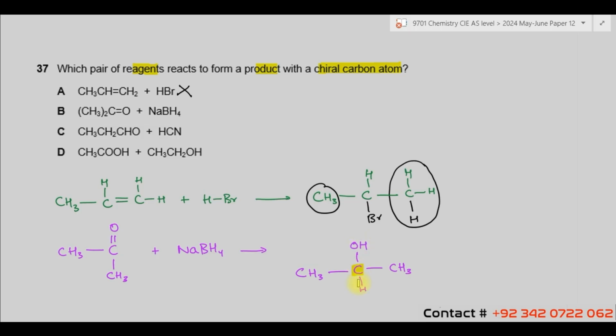This carbon is attached to OH and hydrogen. CH3 is similar to CH3, so no chiral carbon is present. Alright, so the third option is an aldehyde: CH3CH2C=O with H, plus HCN. So an addition reaction will occur and hydrogen goes to the oxygen, CN goes to the carbon.